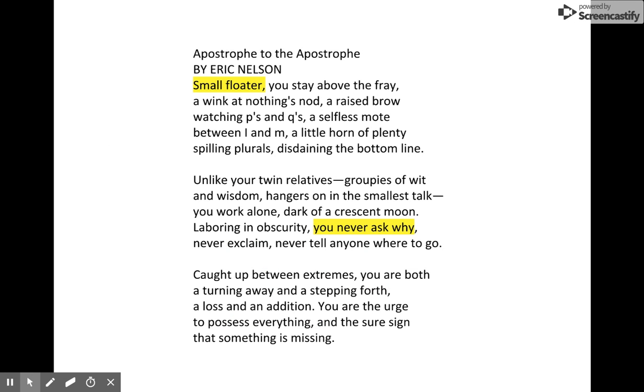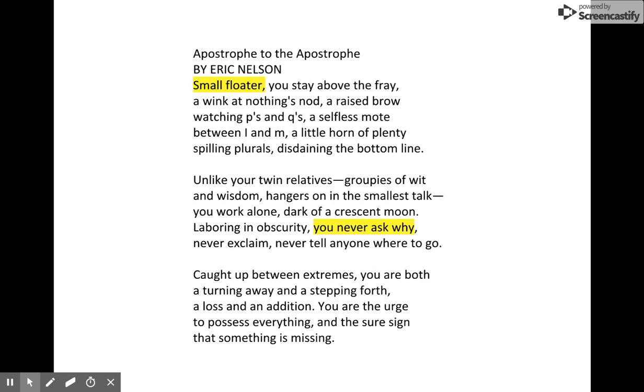If you take a look at this poem, it's called An Apostrophe to the Apostrophe. Okay, so one really easy way for you to know that the speaker is referencing a non-living item is if you see whatever the item is set out in a comma. Okay, we know from our grammatical knowledge that whenever a name or a person is set out in a comma, that means it's a direct address to that person.